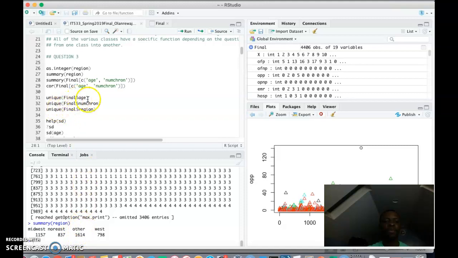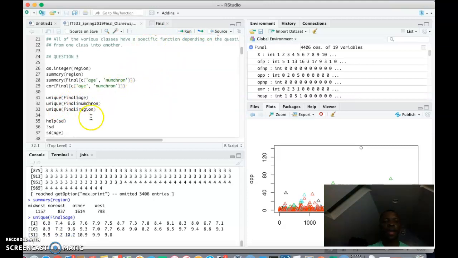Coming to age now, I need to do the summary of the age so that we can see the mean, median, and mode.